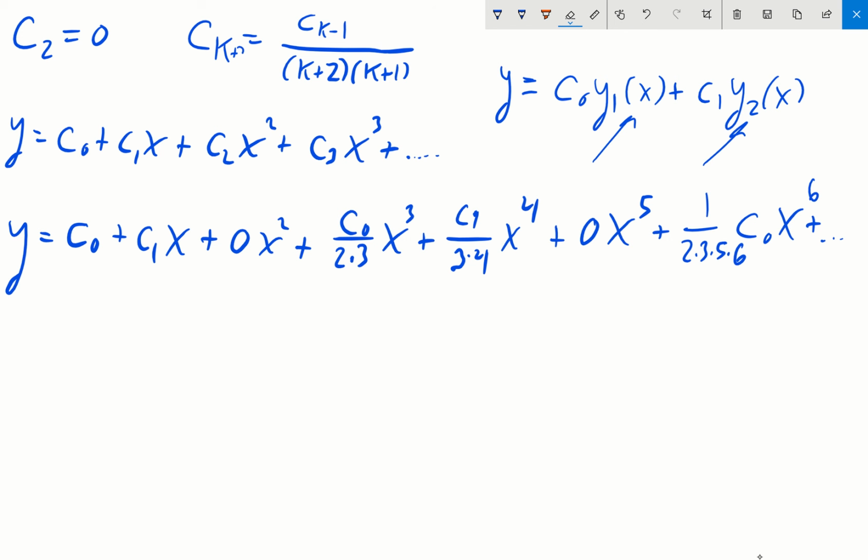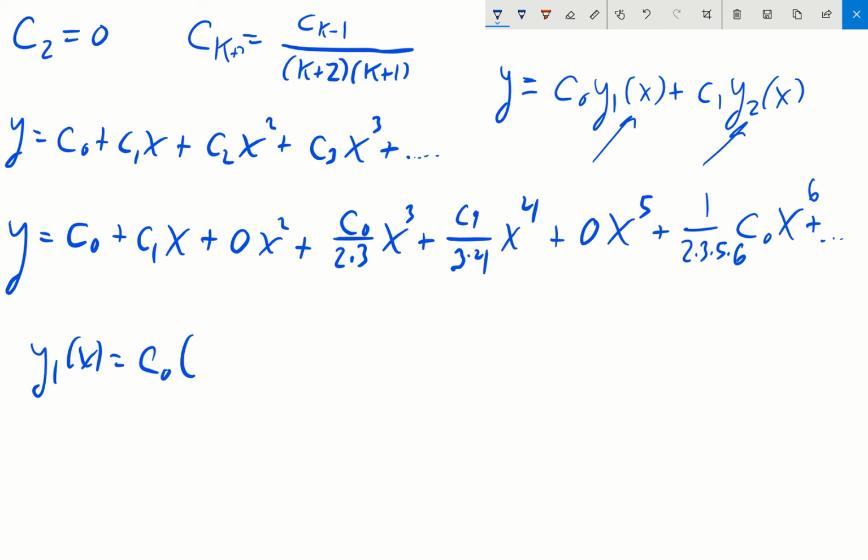If we wanted to write them in more depth, we can break them apart. The terms that contain the C0 would all form one series, and the ones that have the coefficient C1 would be the other ones. So the y1 of x, if you want to break this apart, any of the ones that had the C0 with it, so this would be like our 1, and let me actually factor it out, I think it might make more sense.